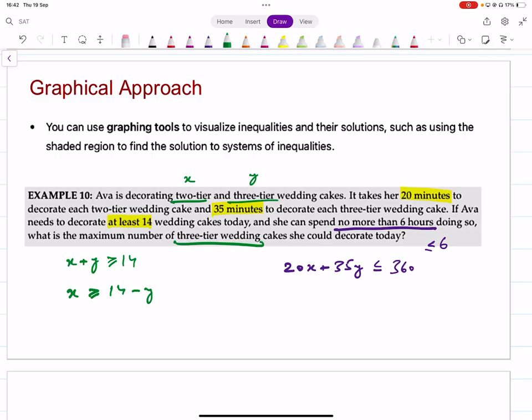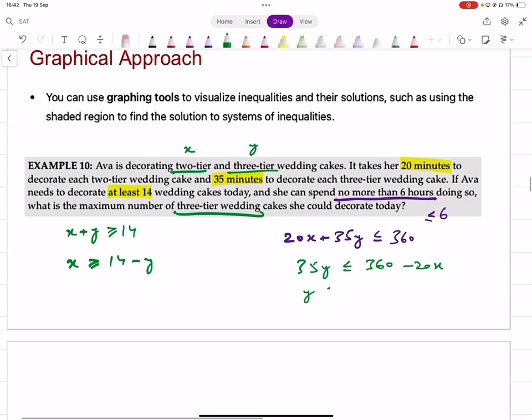Now in the second inequality, you can say 35y is less than or equal to 360 minus 20x, right? And then let's make y the subject as well. Y less than or equal to 360 over 35 minus 20 over 35 times x.